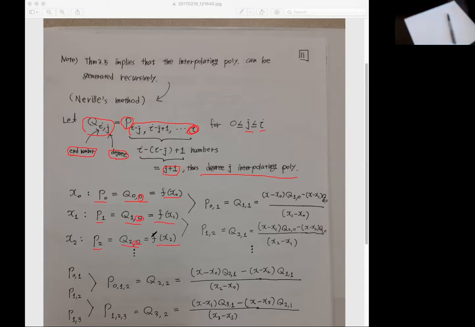Now next, from these P0 to Pk, we're going to construct the degree 1 Lagrange interpolating polynomial. What is P0,1? P0,1 is a degree 1 Lagrange interpolating polynomial interpolating x0 and x1.